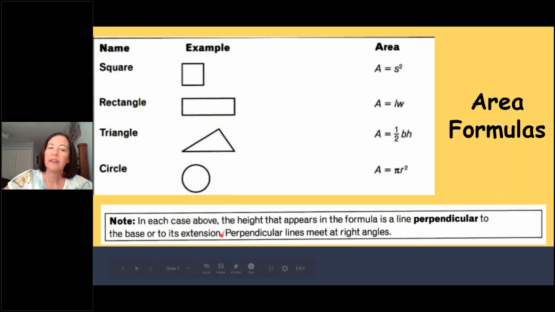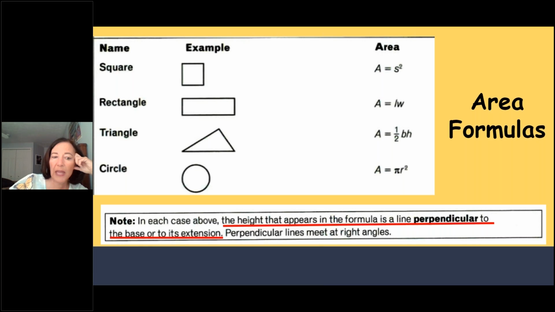Now, there was a note that was in one of the packets that I thought was really helpful and a really important piece of information. And we're going to talk about it throughout today's lesson, but I just wanted to kind of introduce it now. It says, in each case above, because you can see that the formulas are right over here, the height that appears in the formula is a line perpendicular to its base or its extension.